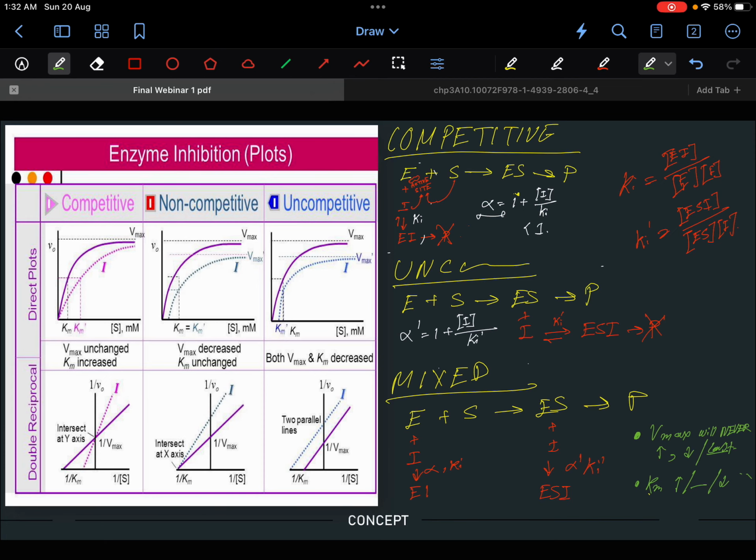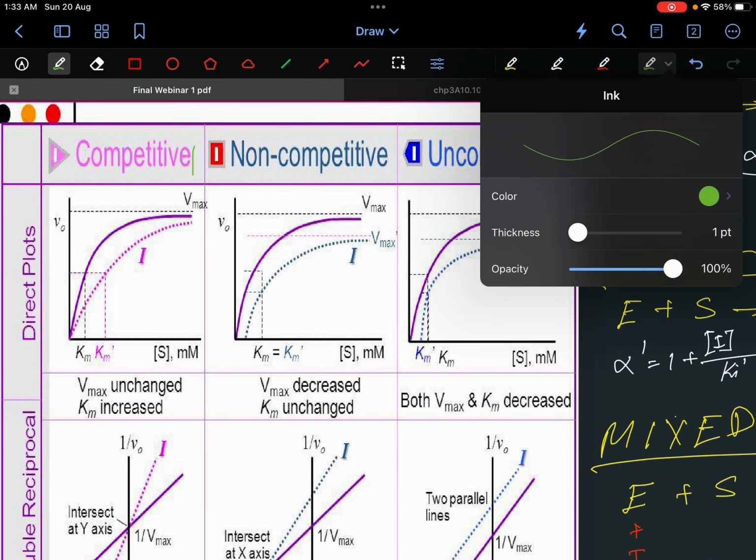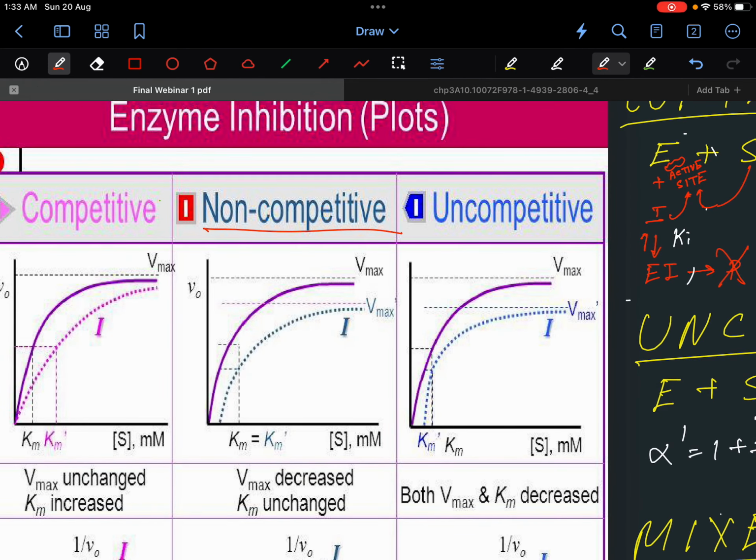Okay, so for competitive, non-competitive, and uncompetitive: for now, non-competitive I just told you as mixed, because a special case of mixed inhibition is known as non-competitive. I will come to that later.